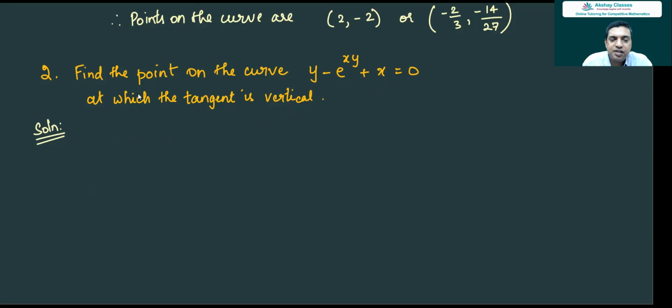Differentiate implicitly. So y minus e power xy plus x equal to 0. This is not an explicit function, and it is not easy to make it an explicit function of y in terms of x. It's very difficult. So differentiate implicitly.